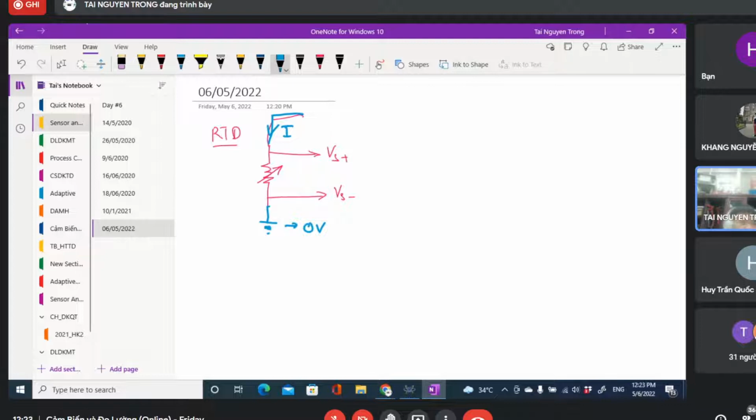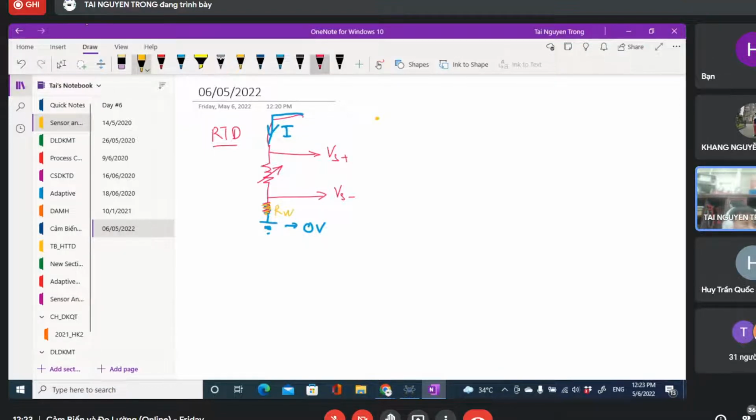And here is the ground, and then it's 0 voltage. Okay, and there is some W here, little w, it means resistance. In this case, we need to take current, and there are some methods to make the current.